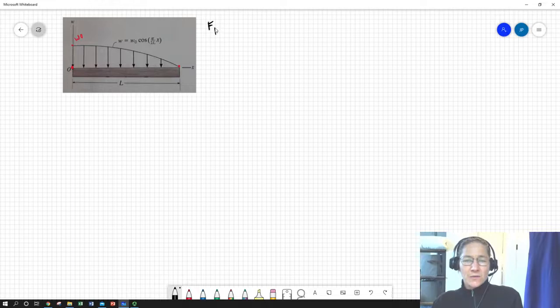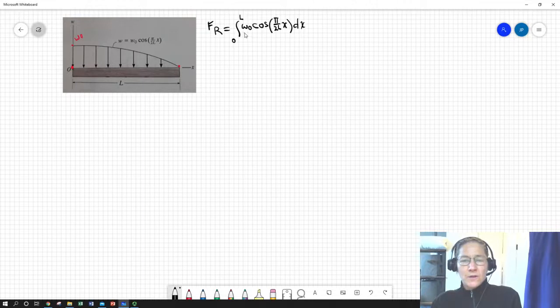So our resultant force is the entire distributed load from x equals 0 to x equals L. At this point we're just looking at the magnitude. If we were going to define a vertical coordinate direction, we might say this should have a negative to indicate it's downward, but we're going to keep life simple. We know it's going downwards, so we can just draw that on the figure after the fact.